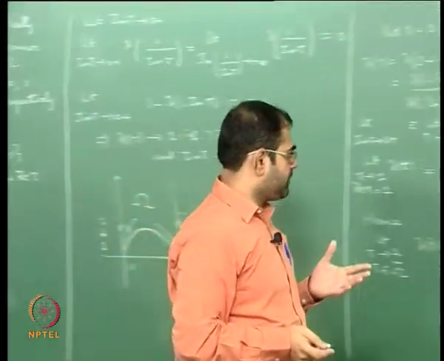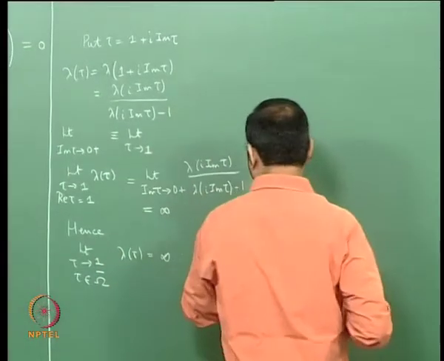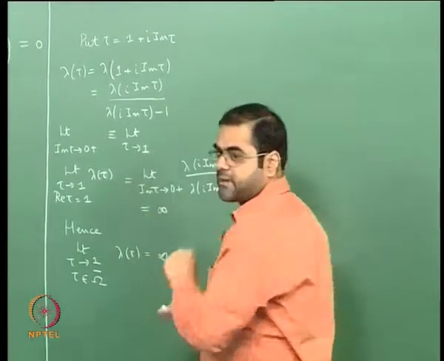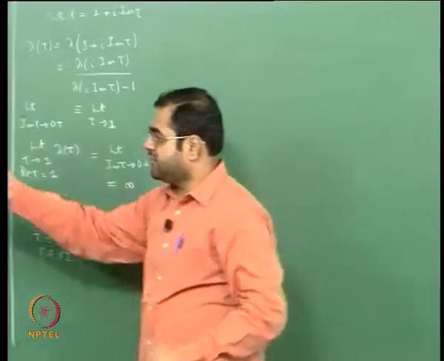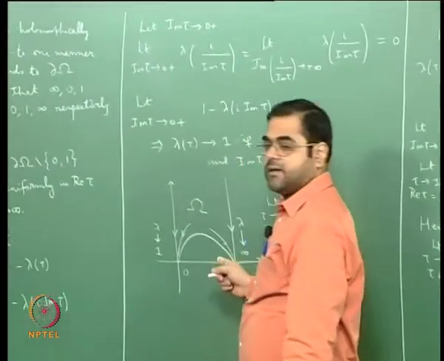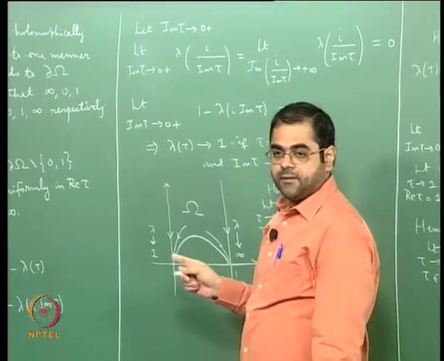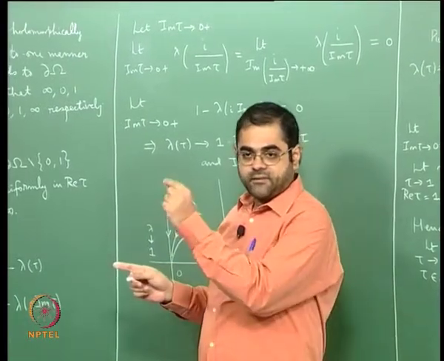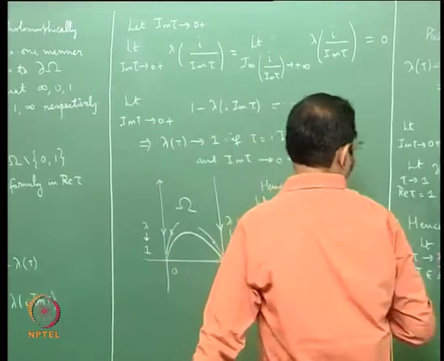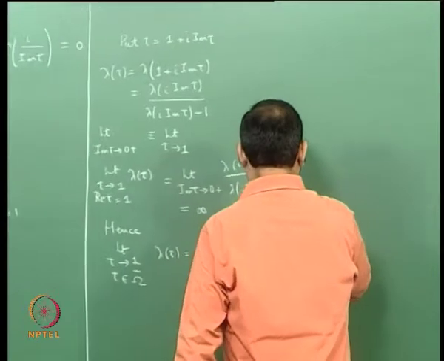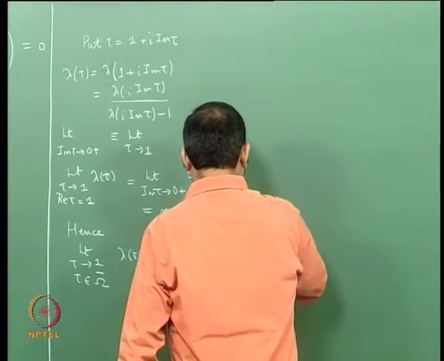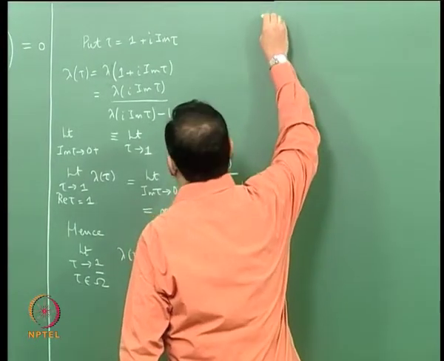So essentially, though we are drawing diagrams on the finite part of the plane, both in the tau plane and in the image plane, you must always remember the point at infinity. So far so good.